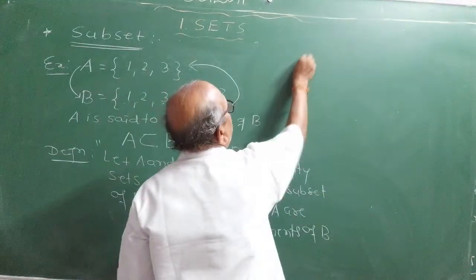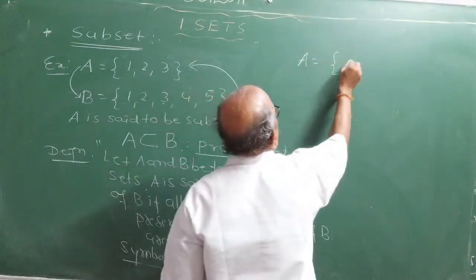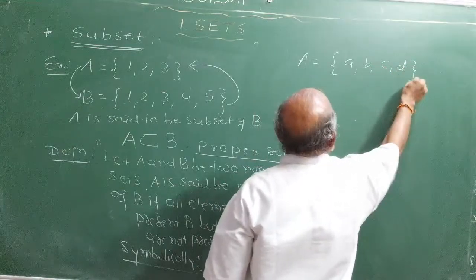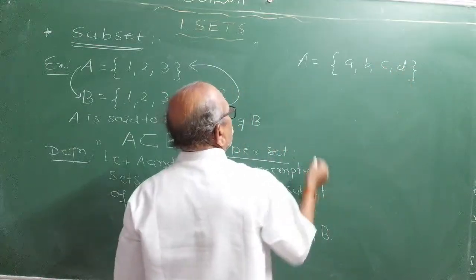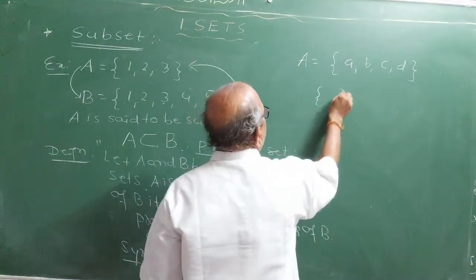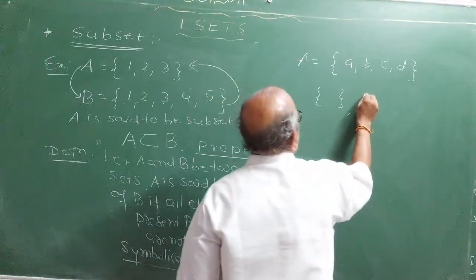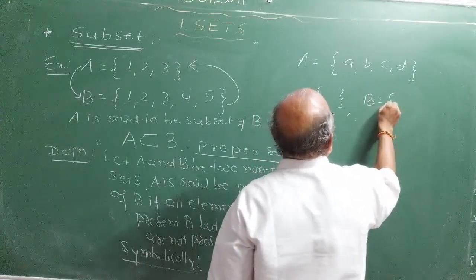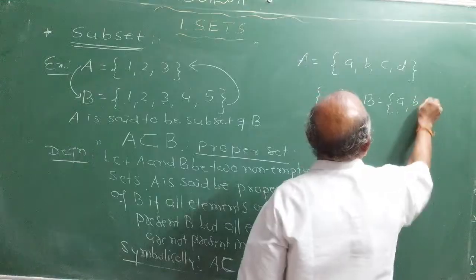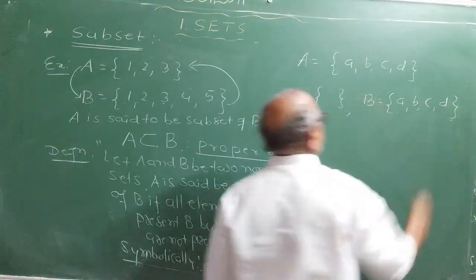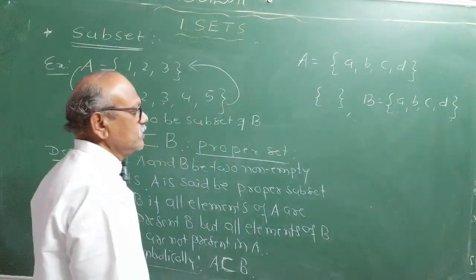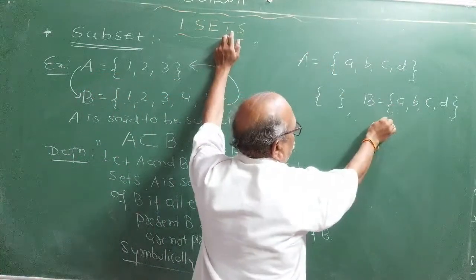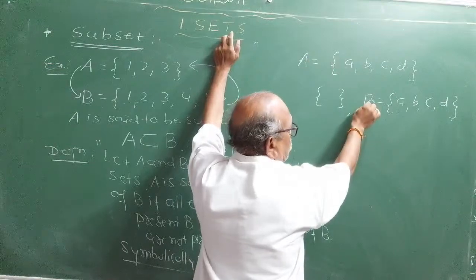Now, if I take a set A containing elements A, B, C, D, and I will take a null set and another set B containing A, B, C, D. Do you agree with me? See, all elements of A are present in B. Then A is a subset of B.